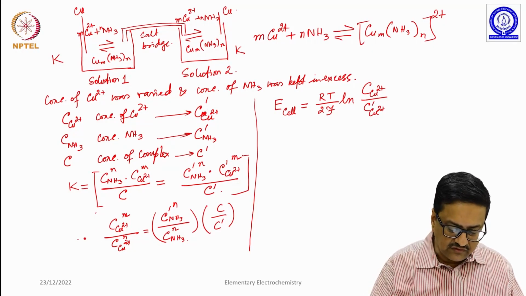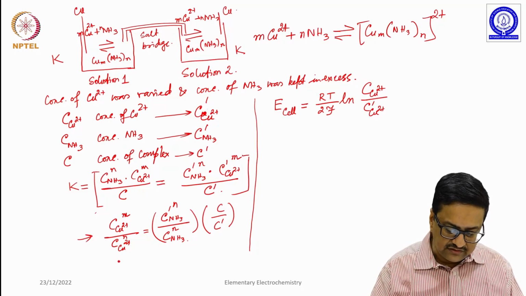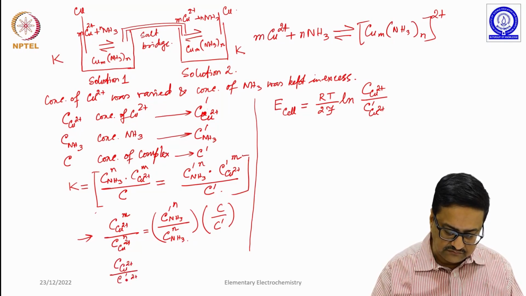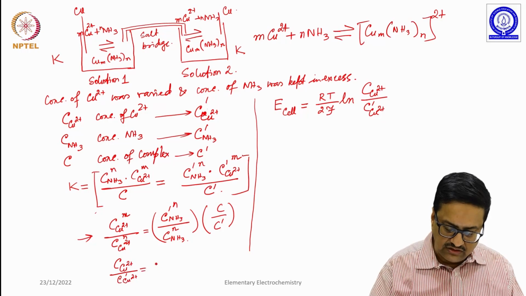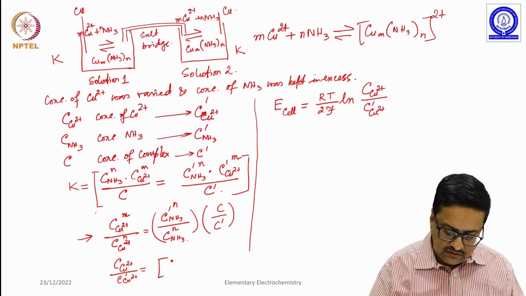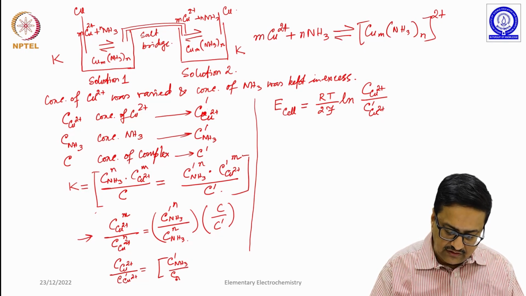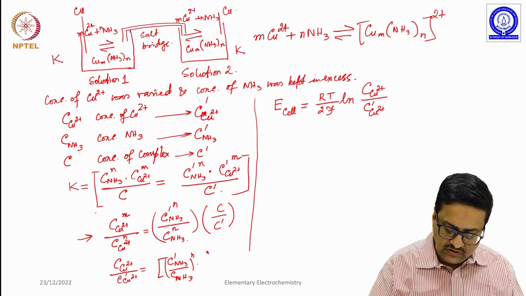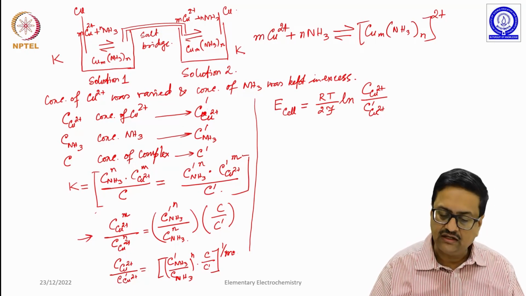Now from this equation what you can get is that C Cu2+ by C Cu2+ prime is equal to C prime NH3 by C NH3 whole to the power n into C by C prime to the power 1 by m.